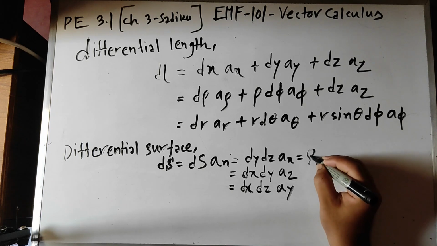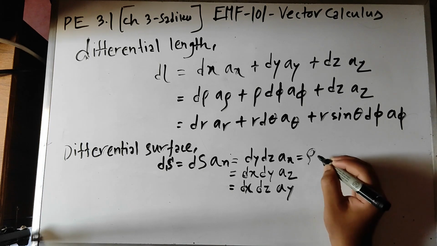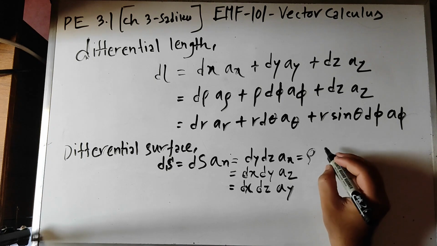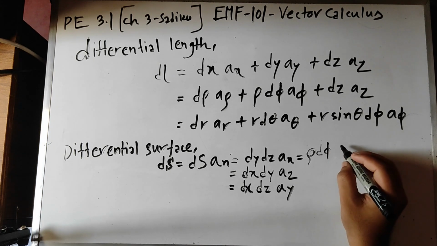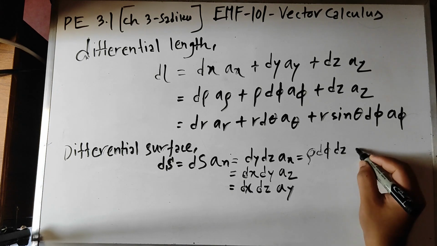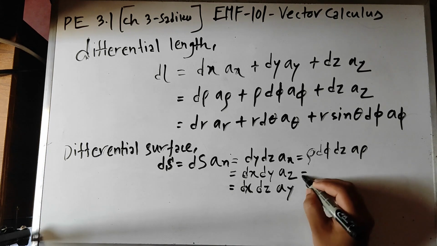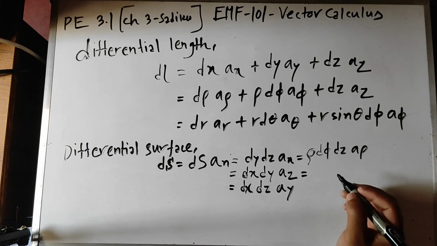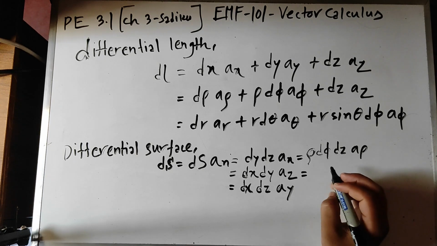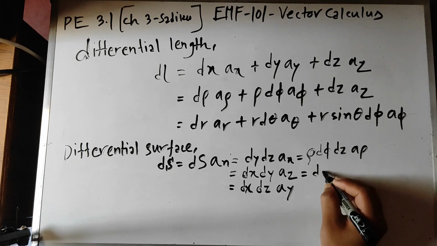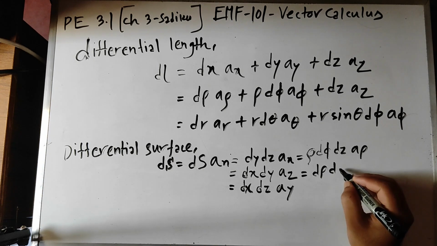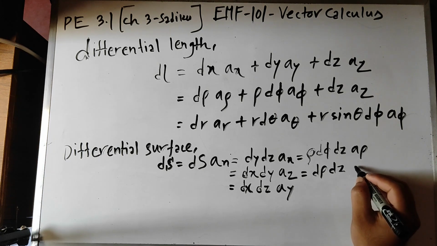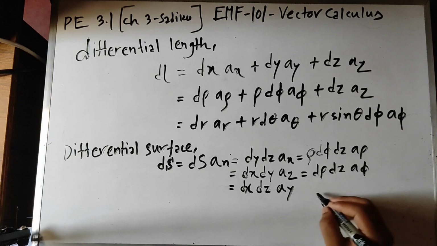In cylindrical, the differential surface in the direction a rho is rho d phi dz in the direction a rho. The differential surface in the direction a phi is d rho dz in the direction a phi.